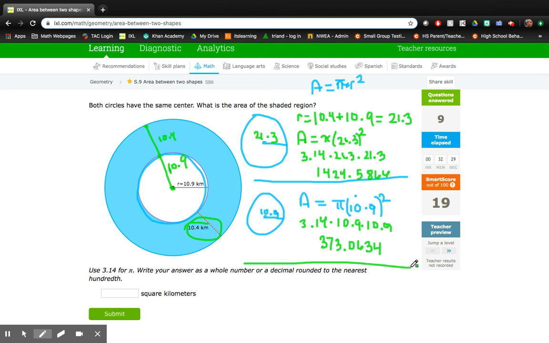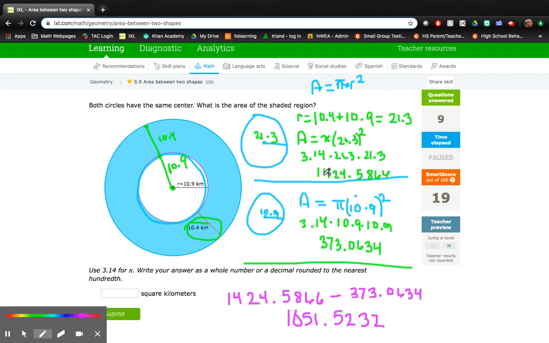So final step here is just going to be to subtract. And I'm going to pause again for the writing of this. All right, so big area 1424 minus small area 373 looks like this. And when I subtract, I get 1051.5232.